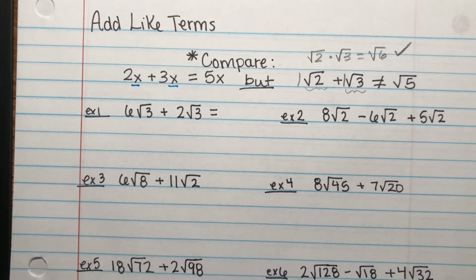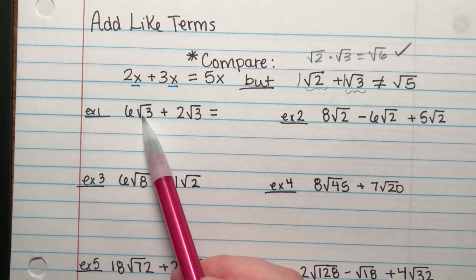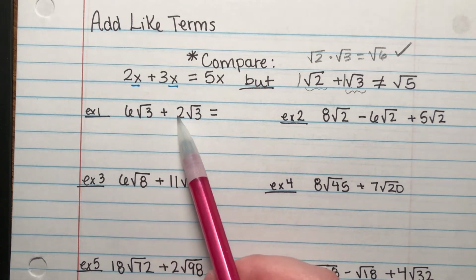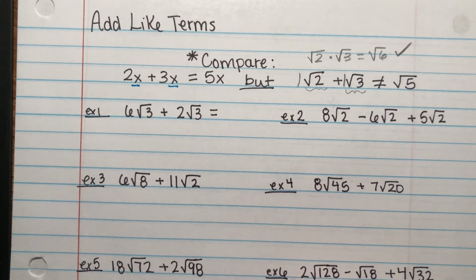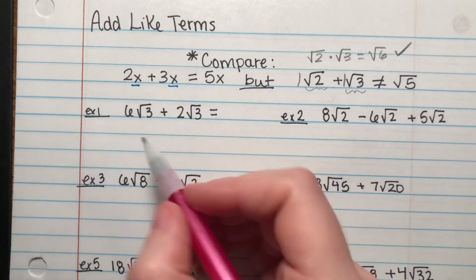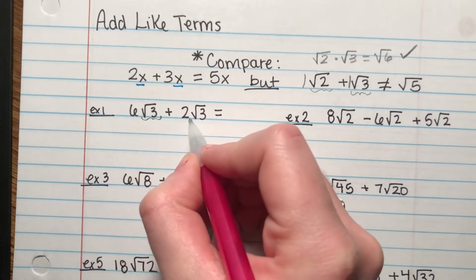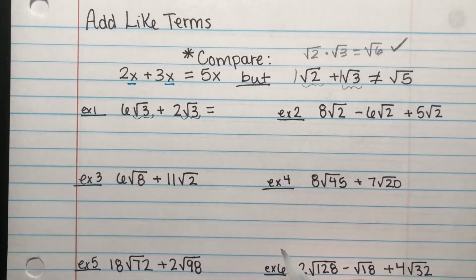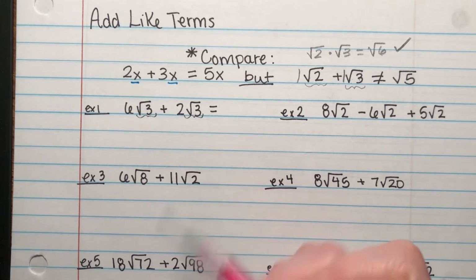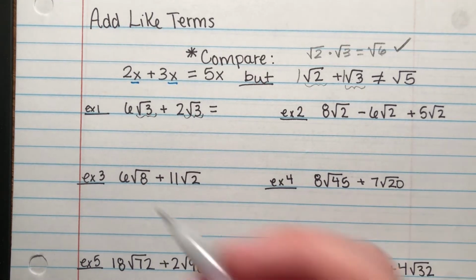So for this first example, we have 6 square root of 3 plus 2 square root of 3. If we treat them like variables, we ask: do we have the same variables? Yes, we do, square root of 3 and square root of 3. So I can add them.